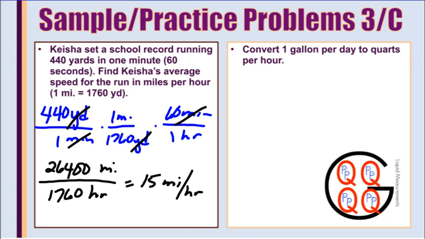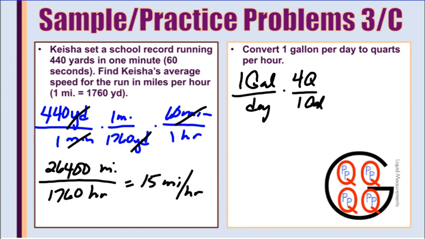And the last one, convert 1 gallon per day to quarts per hour. I know that there are 4 quarts in 1 gallon. That takes care of the gallon. And I know that in 1 day there are 24 hours.